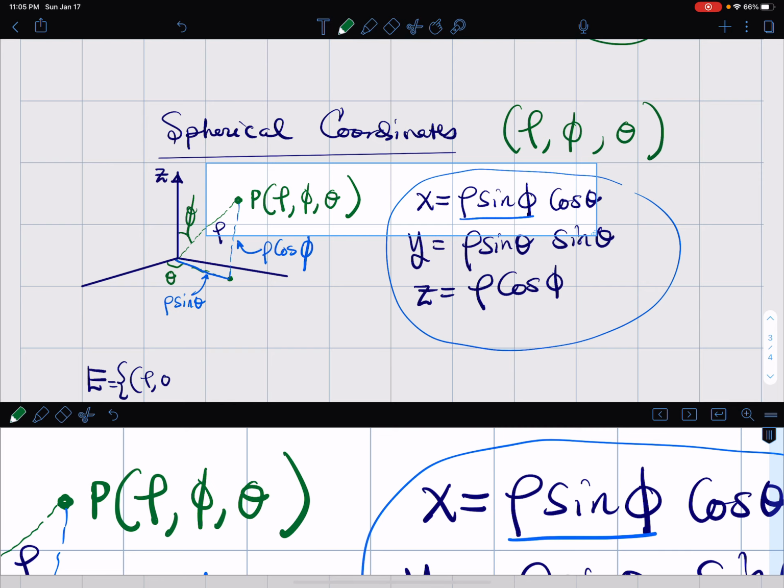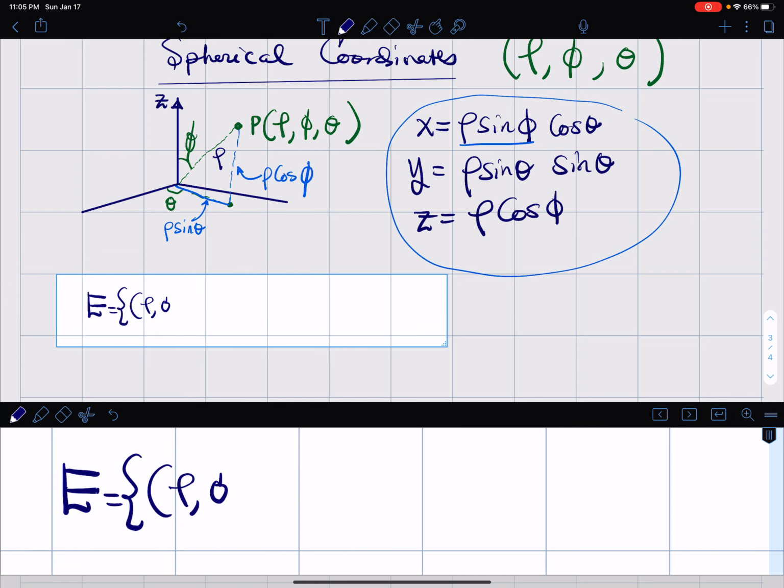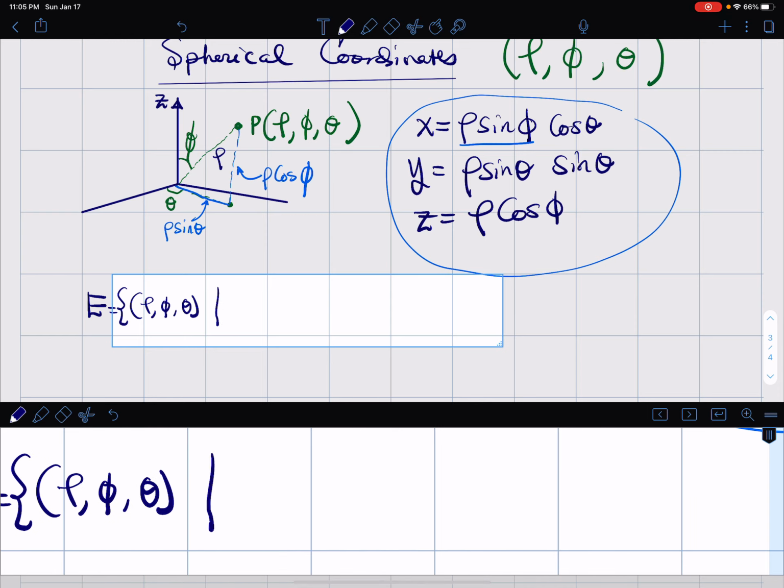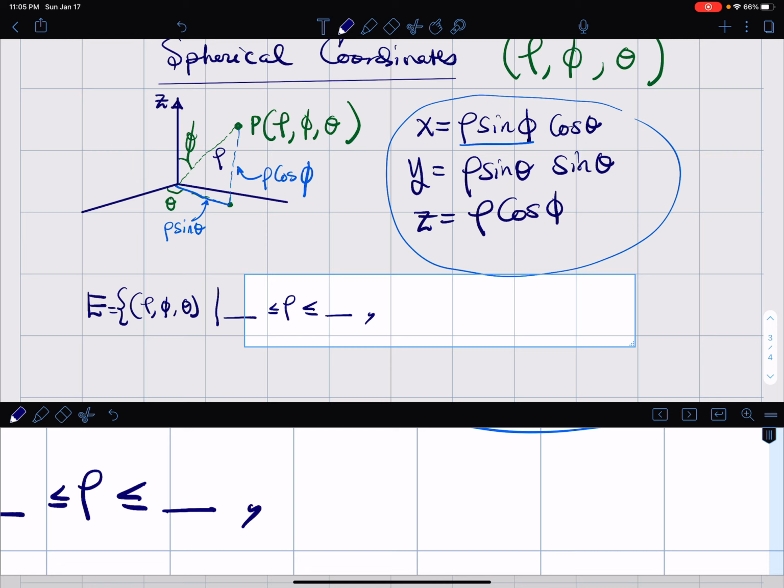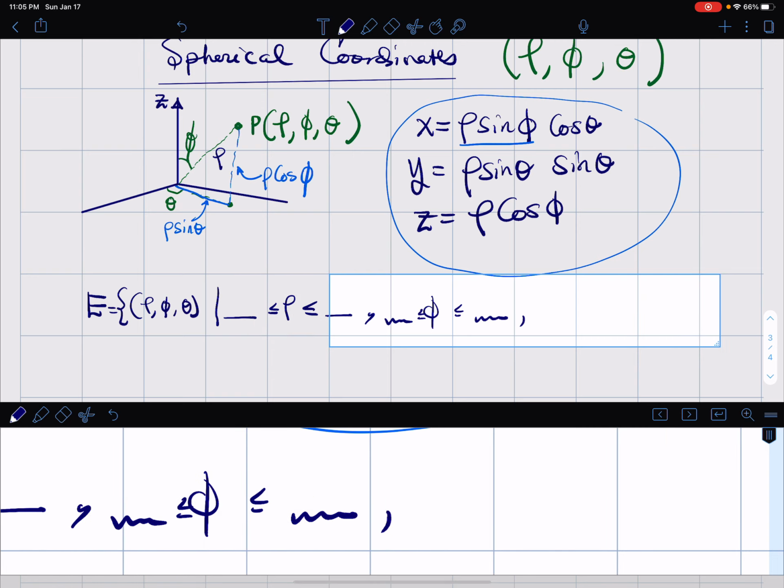If you have a region described as rho phi theta, such that rho goes from something to something, and phi goes from something to another thing, and theta goes from something to another thing.